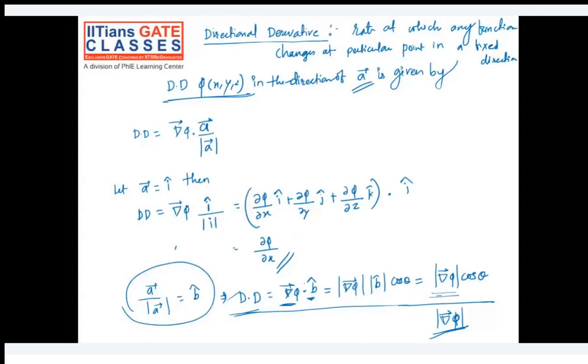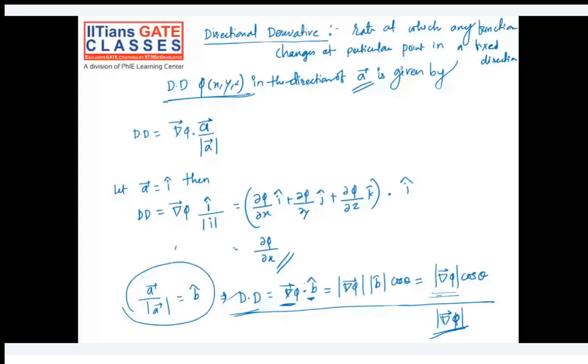Okay, I hope you understood. In a particular direction we want to understand how the function is changing, and that is given by the directional derivative. A simple example: if we have a temperature field and in a particular direction you want to know how the temperature is changing, then you are interested in the directional derivative. You want to understand at which rate the function is changing in that particular direction.